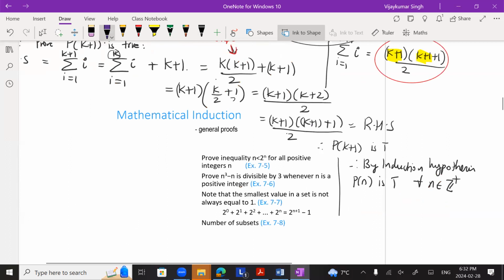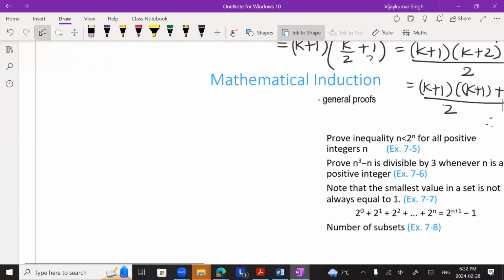Okay, so here we are. Prove that n is less than 2 to the power n for all positive integers n. So how do we do this? We need to set this up as a mathematical induction. So let Pn be the statement.